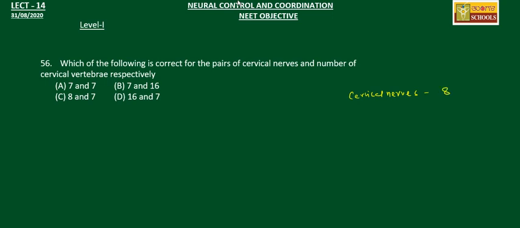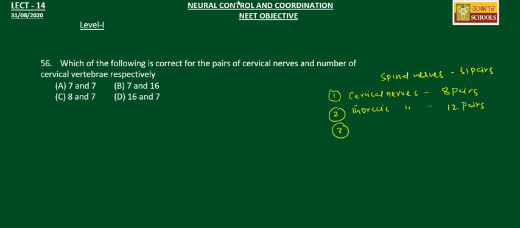I already mentioned that the total spinal nerves are 31 pairs, in which the cervical nerves will be 8 pairs, then thoracic nerves will be 12 pairs, then lumbar nerves will be 5 pairs, then sacral nerves will be 5 pairs, and then coccygeal nerves will be 1 pair.